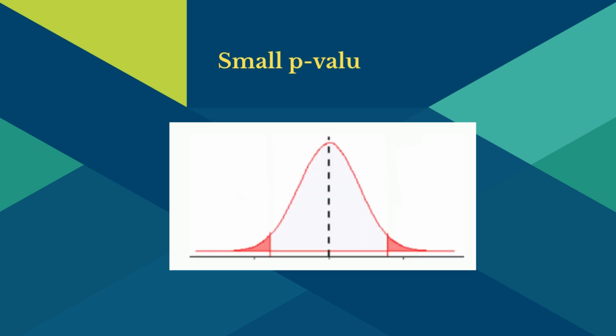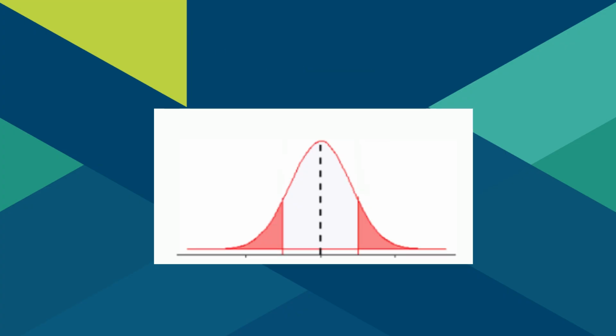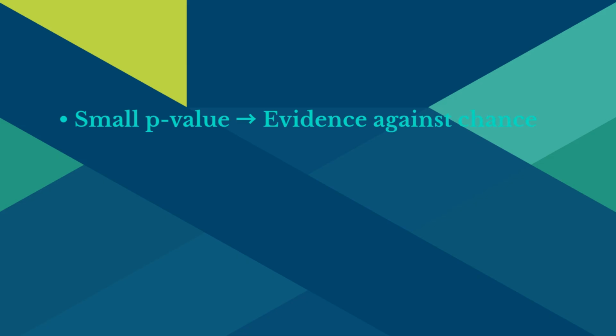If the p-value is small, this result would be very unlikely by random chance. If the p-value is large, the observed difference is quite plausible due to randomness. In short, a small p-value means evidence against chance, and a large p-value means the difference could easily be random.